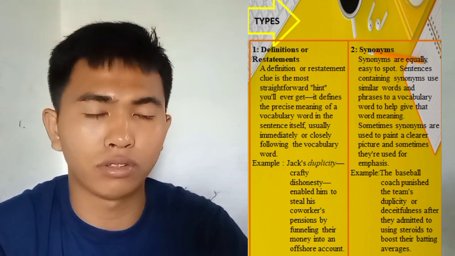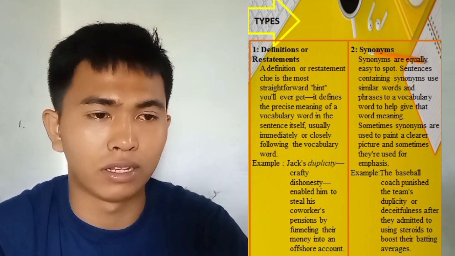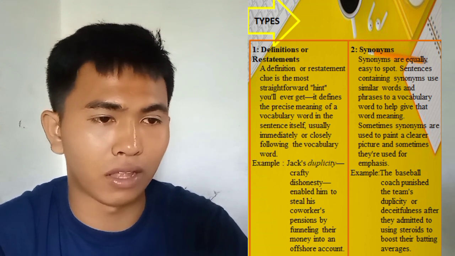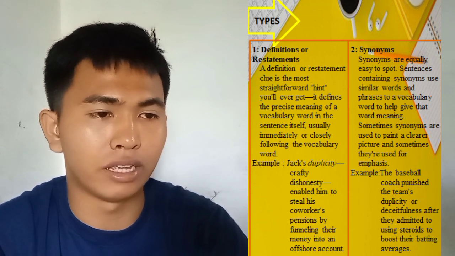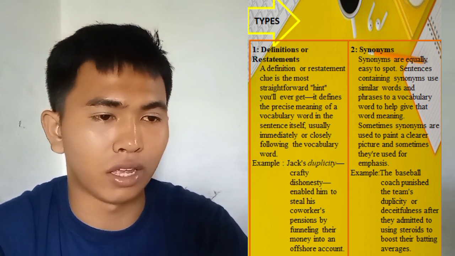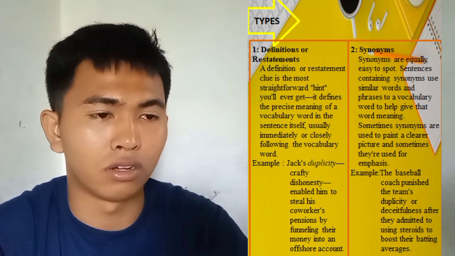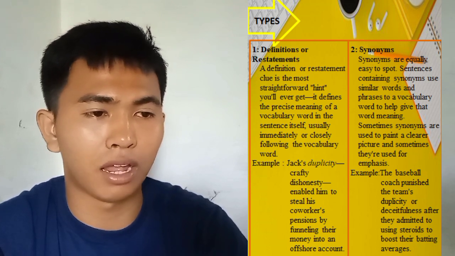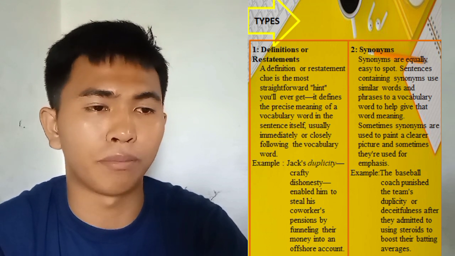And now let me continue with the second type of context clue. That is synonyms. Sentences containing synonyms use similar words and phrases to a vocabulary word to help give that word meaning.